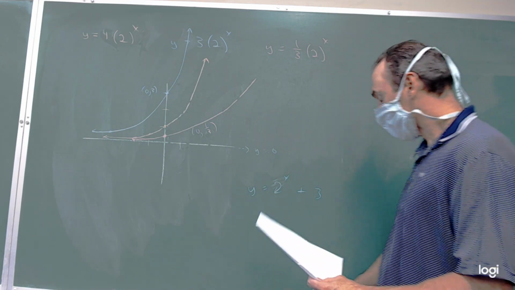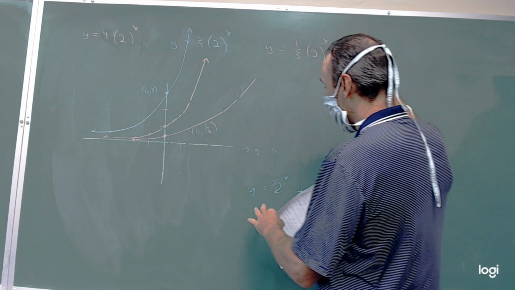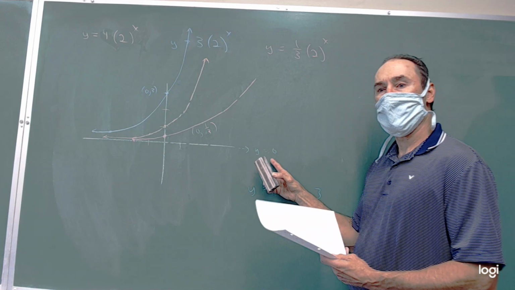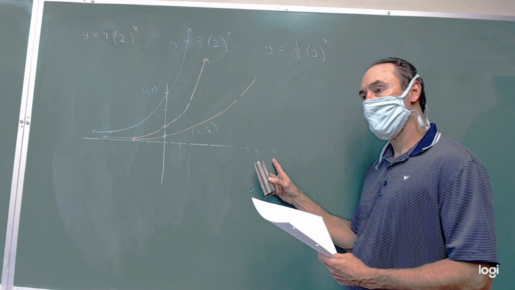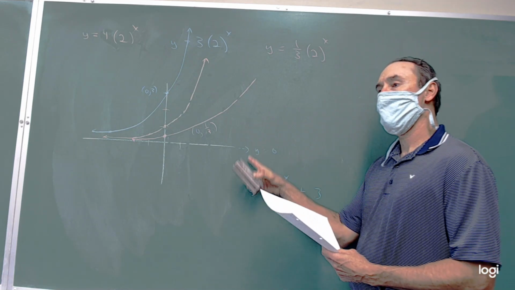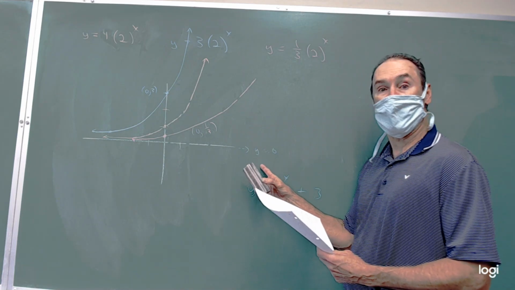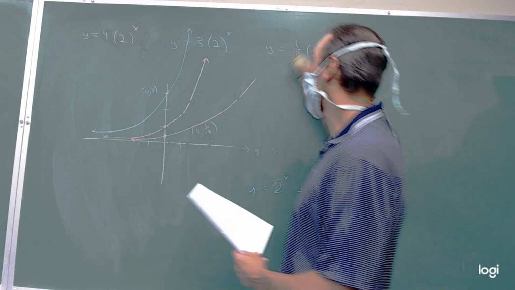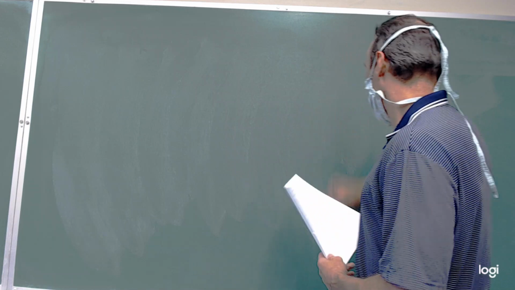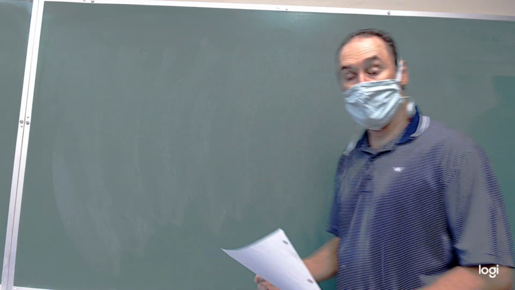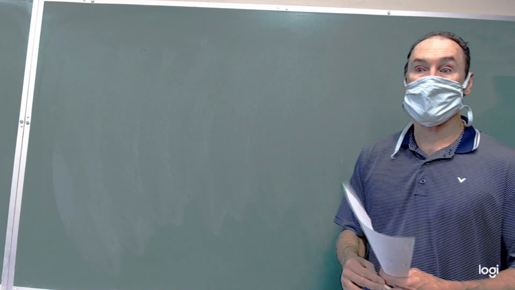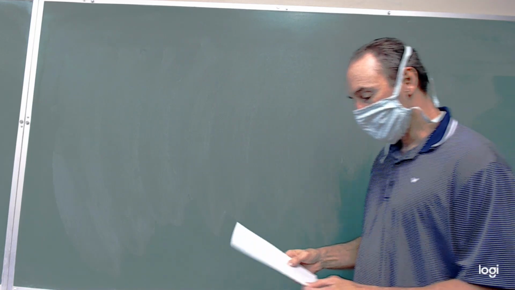Okay, so with that, I want to talk a little bit more about this idea of a horizontal asymptote, because we see in these exponential growth and decay curves that they are going to have a horizontal asymptote. So we're going to talk about this a little more formally, about what the mathematical definition of a horizontal asymptote is. And we're going to introduce some symbolism that will serve us well in the future, not just when we talk about exponentials, but when we talk about other things, especially a lot of ideas we'll talk about next year.